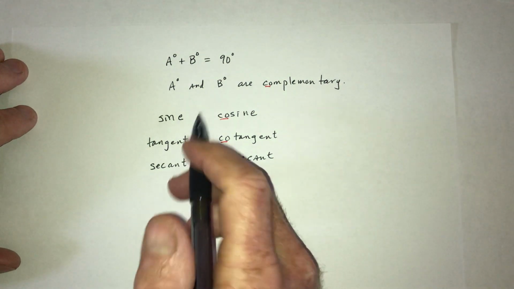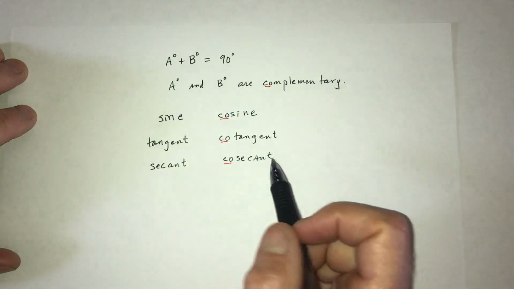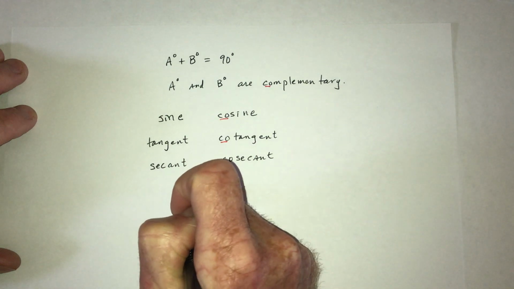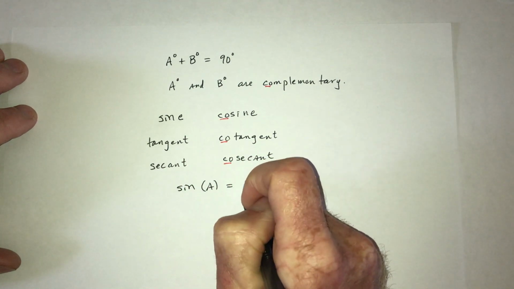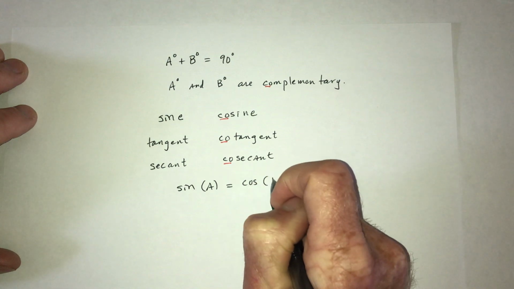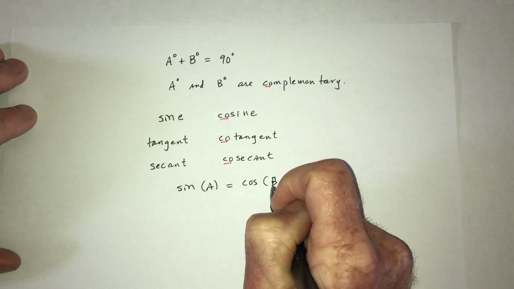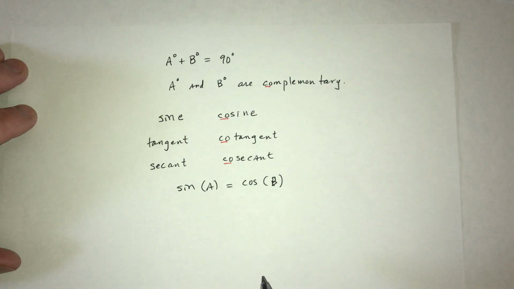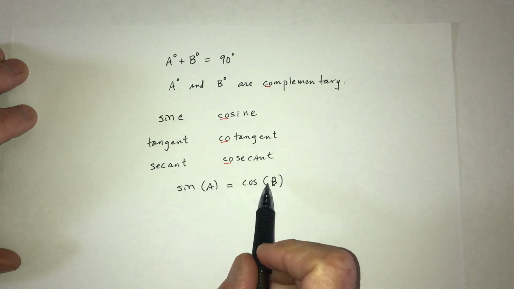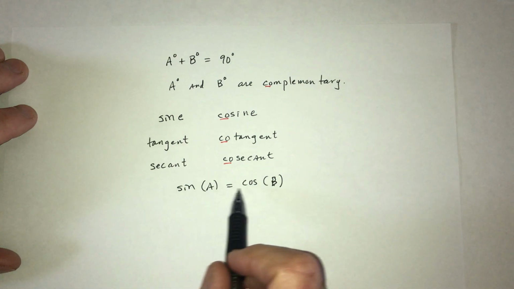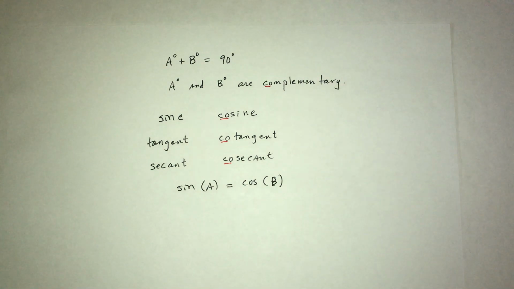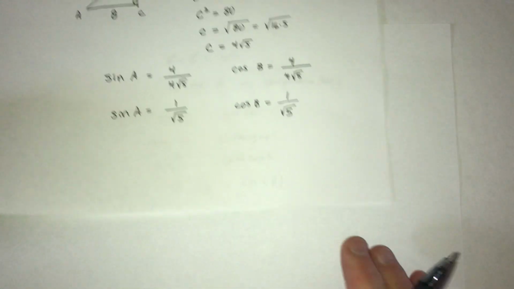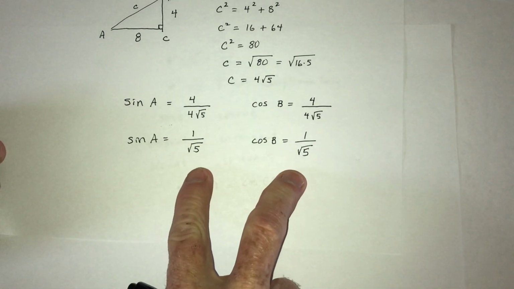And the fact is, if A and B add up to 90 degrees, that sine of A will equal cosine of B. Oh, that was a sloppy B, sorry. So as long as A and B are complements, then the complement functions will be the same. That is what I just got right here.